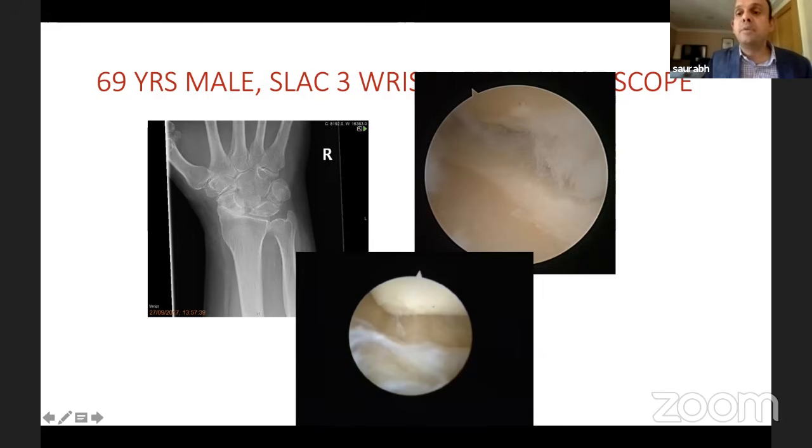To simplify it, the scope is about looking at two surfaces, the capitate proximal pole and the radiolunate joint. If radiolunate is gone, your whole wrist is gone, total wrist fusion. If your capitolunate joint is gone, then you have to do a four corner fusion, or 3 corner, 2 corner, 4 corner for exam, 4 corner fusion.